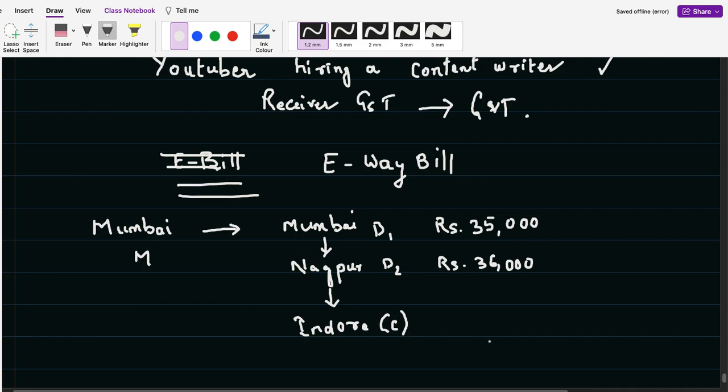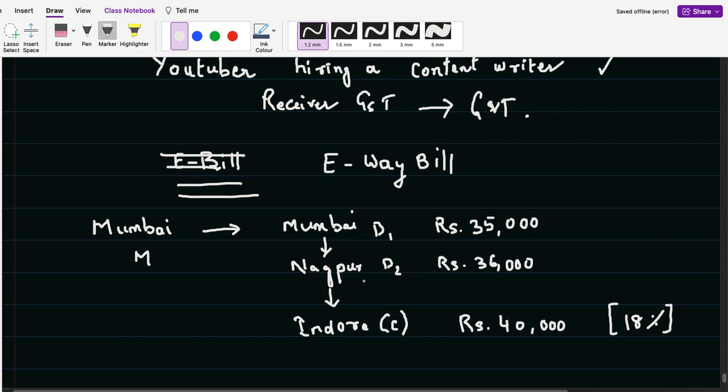Now the price of this product has increased to 40,000 rupees. Got it? And since it is an electronic item, GST will be 18%. Understood this whole scenario? First of all, Mumbai to Mumbai is intrastate.